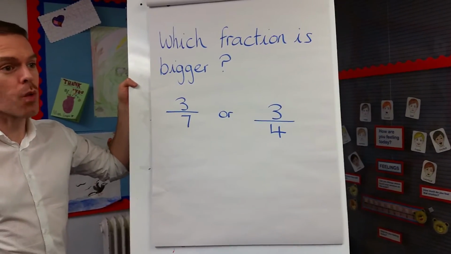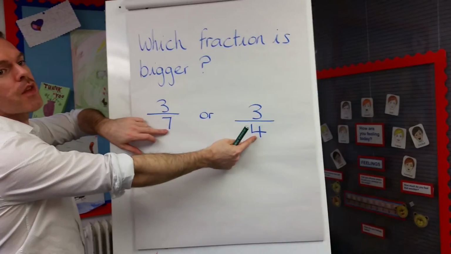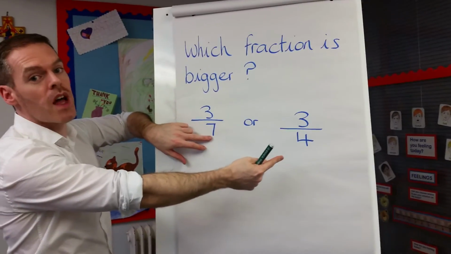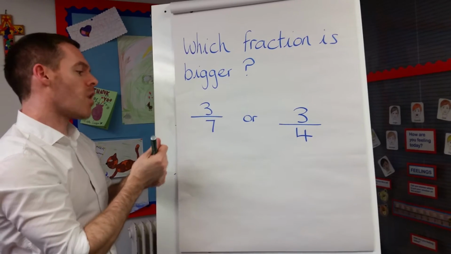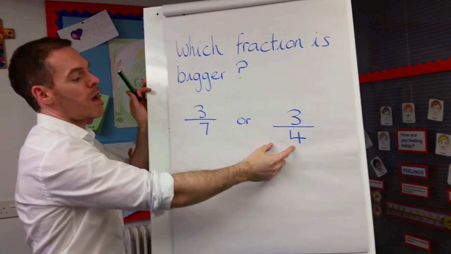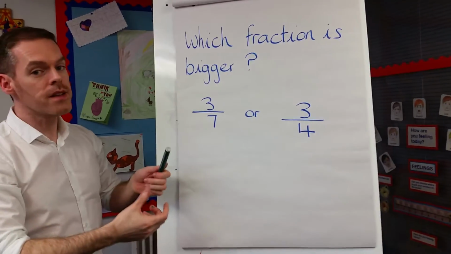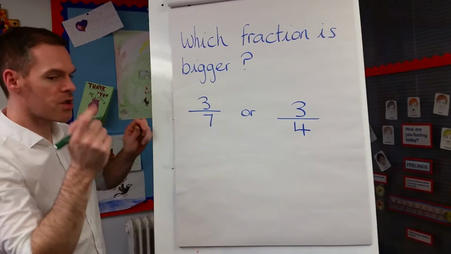So again, the quickest way to do this is just multiply my two denominators together, because obviously they're both going to go into that number. Okay, so 7 times 4, 4 groups of 7 or 7 groups of 4, we know is 28. Let's just check.